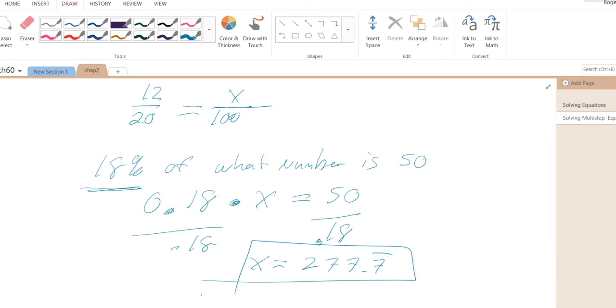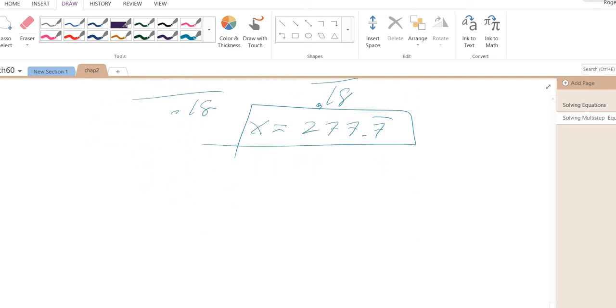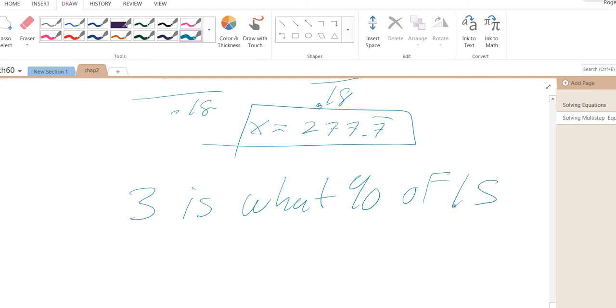Yes. On like number 35, it says 3 is what percent of 15. Okay, so 3, right? Is equals what percent?